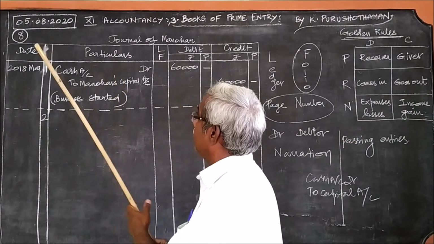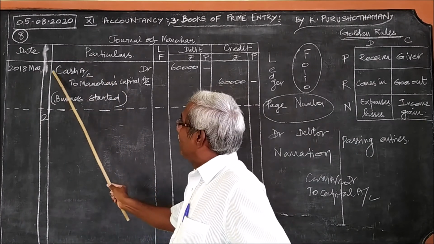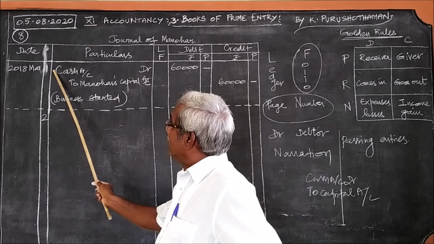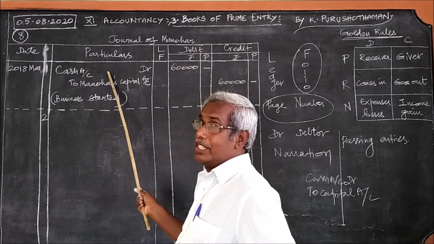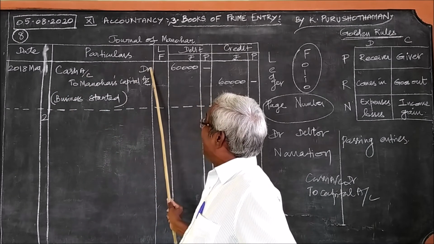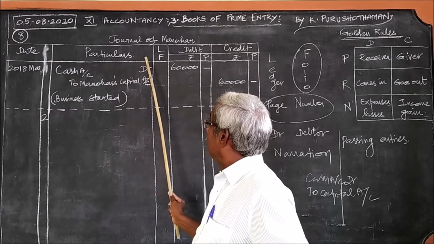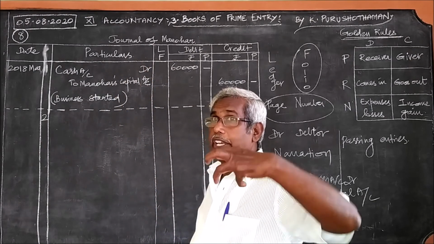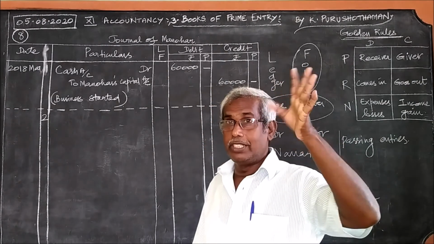Then how should you write? You should write how I have written on the blackboard. Cash account, close to the margin, you should start for the debit entry. Cash account, debtor, at the end, this margin end, you should write. Not thinking that you are writing something stylish, no, it is not the correct method.